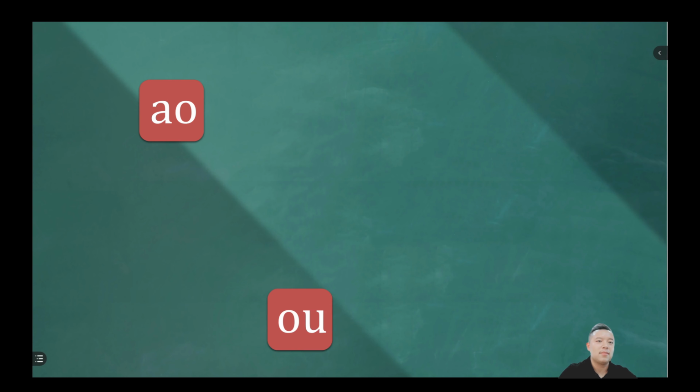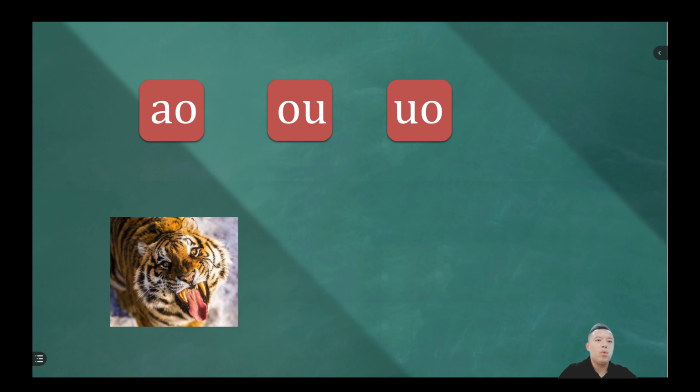Then we have 嗷、哦、喔 in a row. Sorry if the tiger has scared you, but this is exactly how you make the ao sound. First, you open up your mouth, and then slightly transit into o. Then ao, ao, ao. Exactly like how a tiger roars, right?